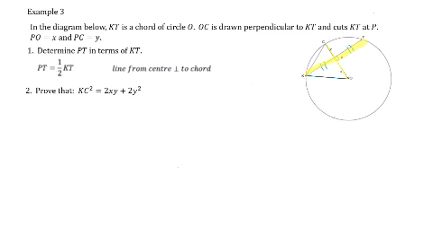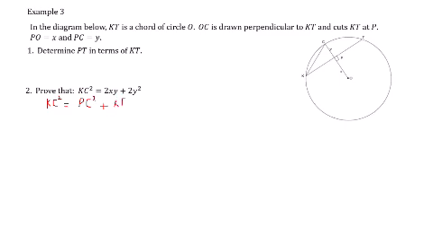Okay, question number 2 says prove that KC squared is equal to 2xy plus 2y squared. Okay, so in this question we are going to start with the Pythagoras theorem in triangle KCP. So we are going to say that KC squared is equal to your PC squared plus your KP squared.